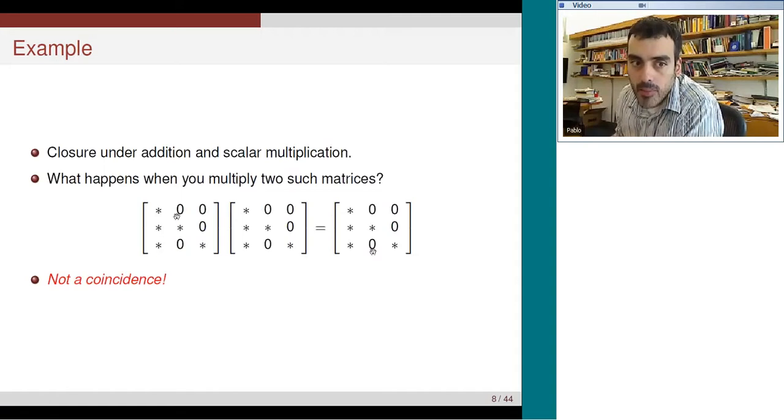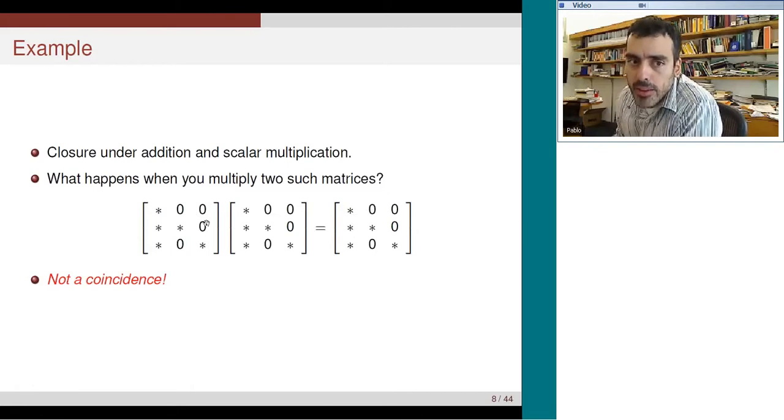Here the stars represent any number, it doesn't matter what they are, and the zeros are actually zeros. Whenever you multiply this, let's do the easy part. For instance, when I multiply this row by this column, I get something in there. It may be non-zero. There's no reason why it should be 0. But when I multiply, for instance, this times this, I'll get a 0 in there.